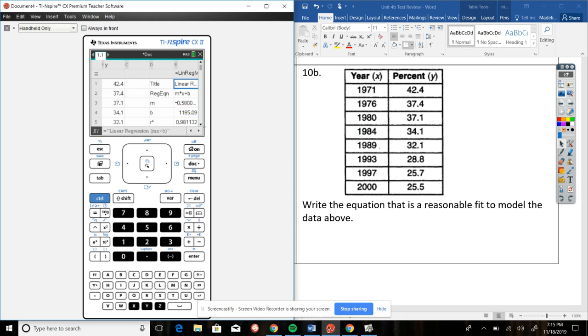And again, we need our M and our B. So I have y equals, my M here is negative 0.580, so negative 0.580 x. Then my B is 1185.09, so plus 1185.09.